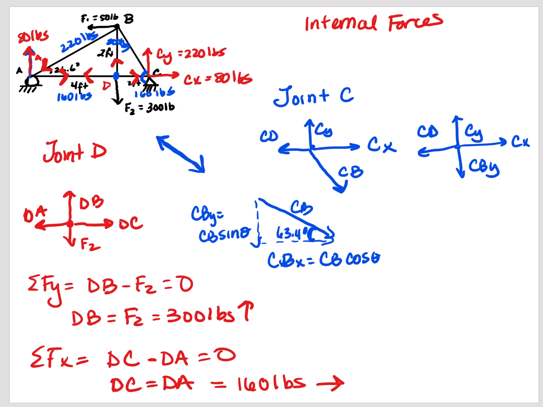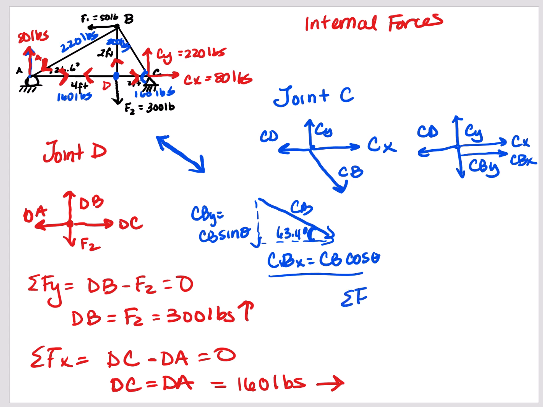And I also know CBX is also going to go to the right because the beam BC is going southeast. So I know I need to solve for one more beam, that is CB or BC. The easiest equation is going to be the y direction because there's only two vectors. In the x direction, there's three vectors.